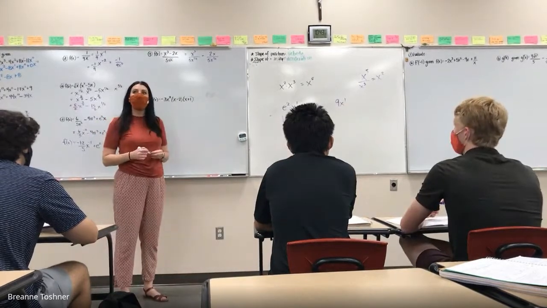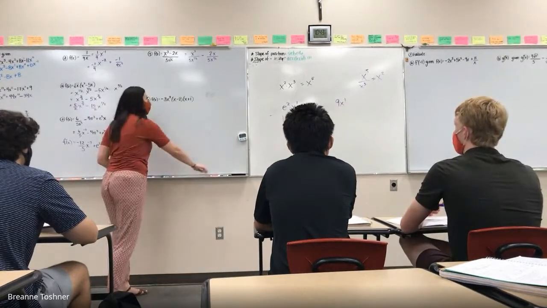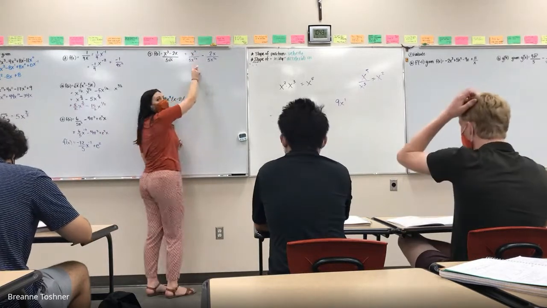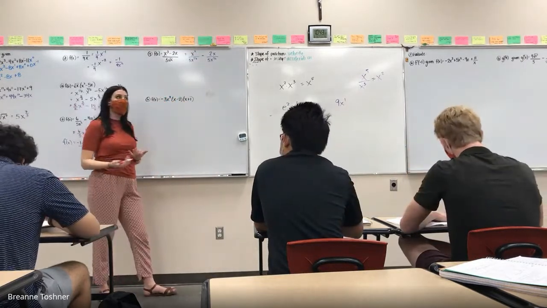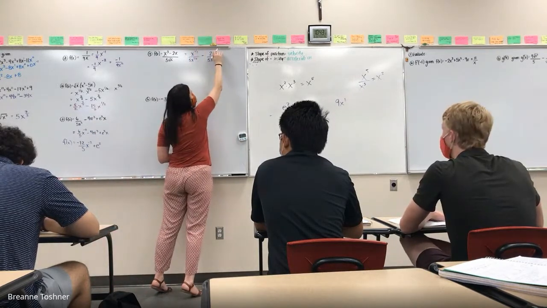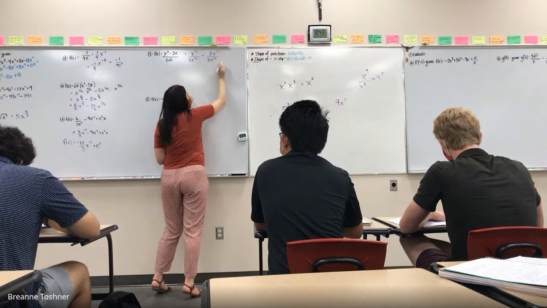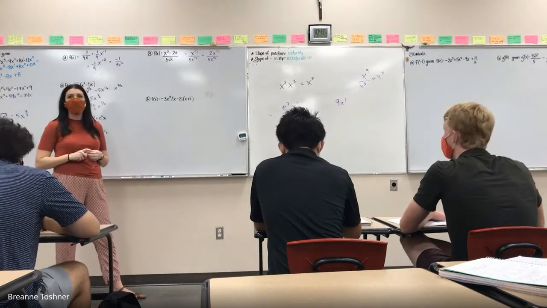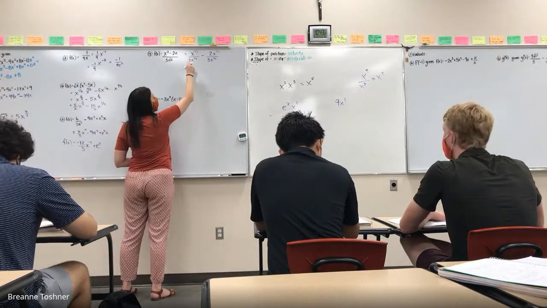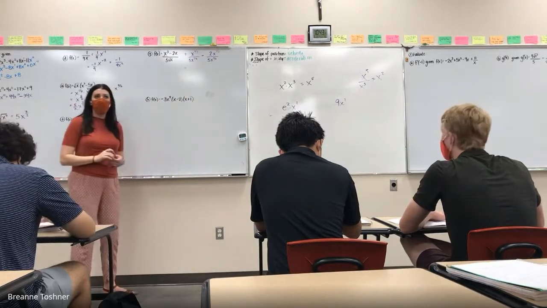Again, I think it's very, very helpful to change my powers so we don't make silly mistakes. So 3, if I want it to have a fraction denominator of 2, is the same as 6 halves. X to the first is 2 halves. It takes 1 second to do that. I promise it will save you some silly mistakes. Okay? So I still have a 5 in the denominator.